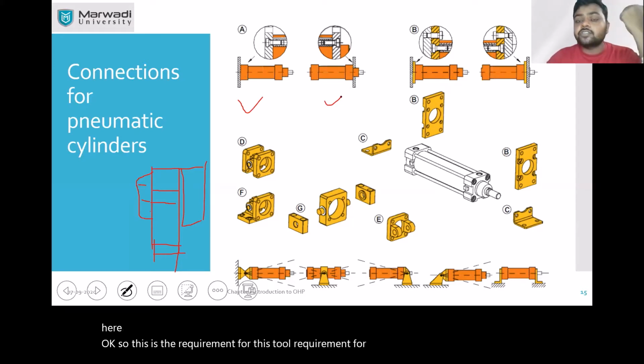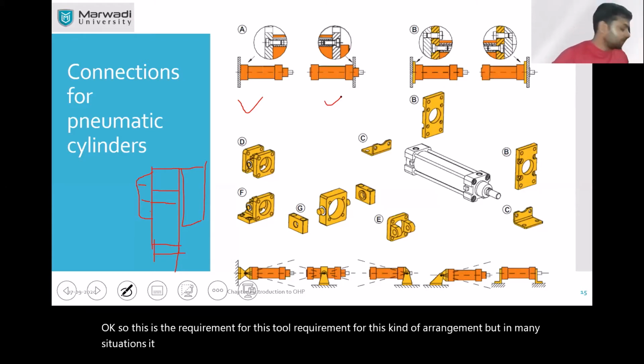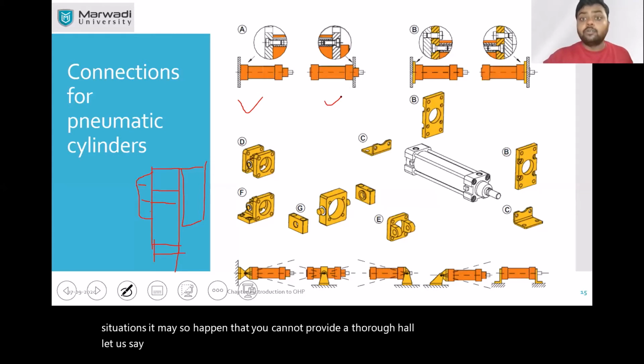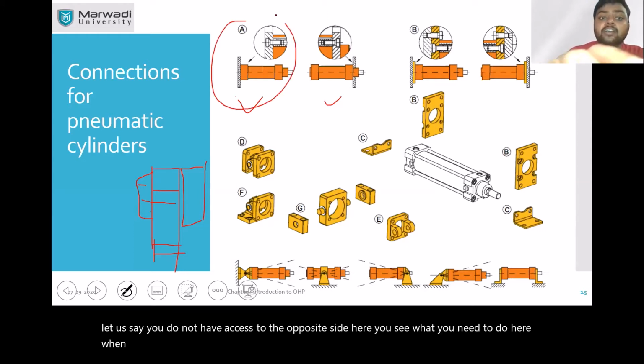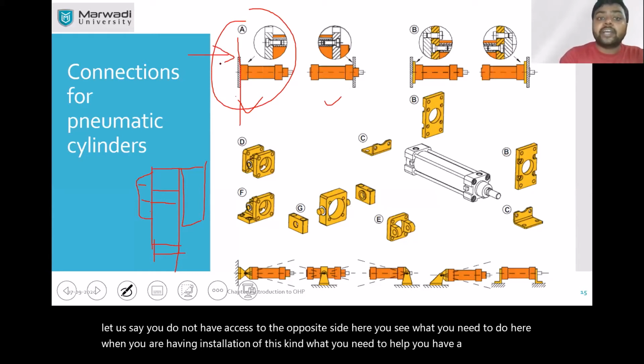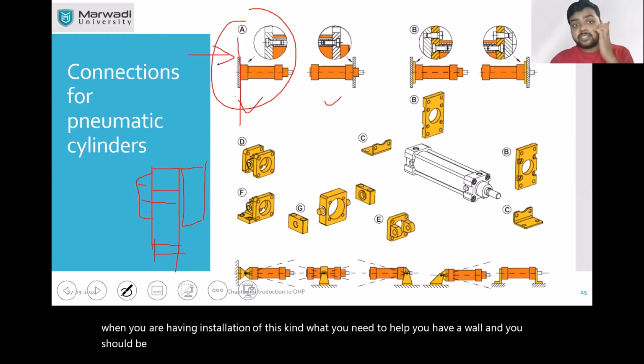But in many situations it may so happen that you cannot provide a through hole. Let us say you do not have access to the opposite side. Here, when you are having the installation of this kind, you have a wall and you should be able to access the back side of the surface.